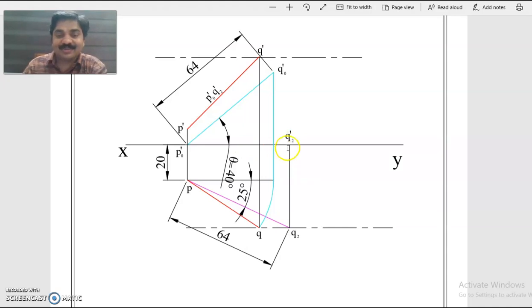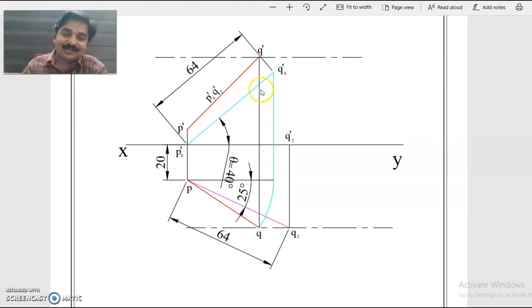Now at P0 dash, at an angle of 40 degrees theta given, P0 dash Q0 dash will be drawn. P0 dash Q0 dash length is equal to 64 mm. If we know the true length and theta, we can find out the top view length.